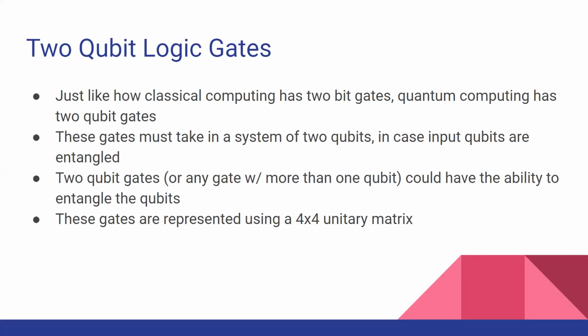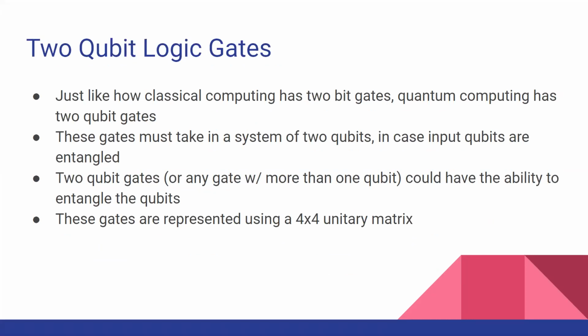So the fact that we can create systems of qubits means that there probably should be a way to do work on multiple qubits. As there are 2-bit classical gates like an AND gate, an XOR gate, an OR gate, there are also 2-qubit gates in quantum computing. These gates must take in a system of 2 qubits.